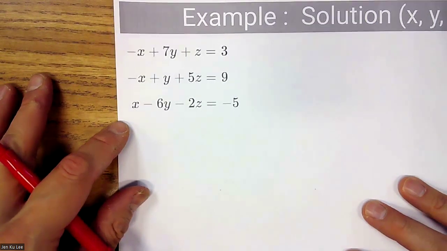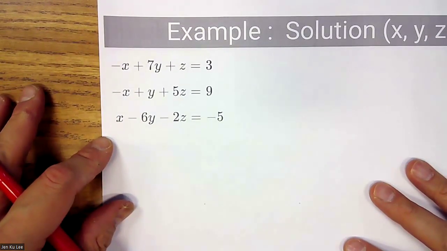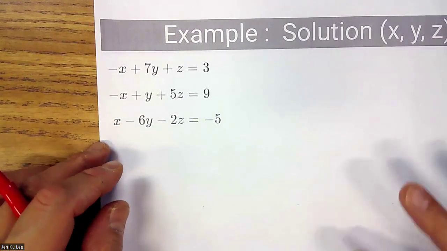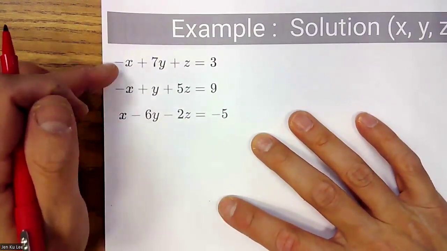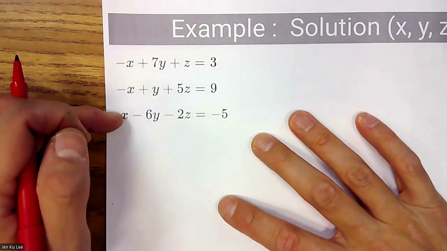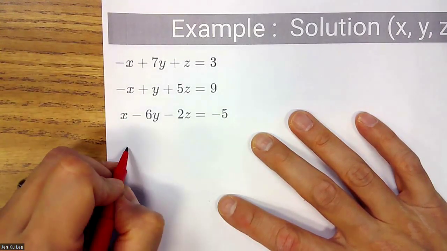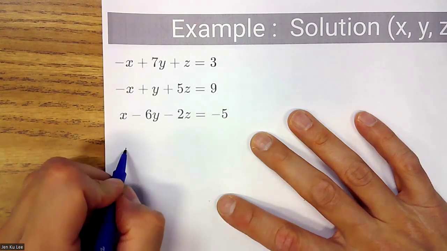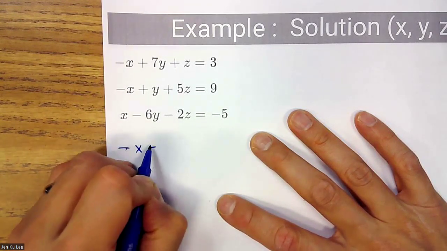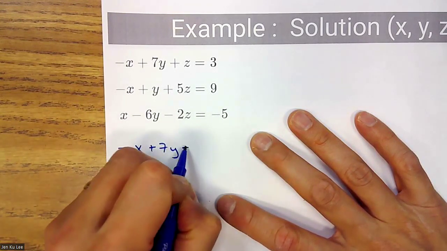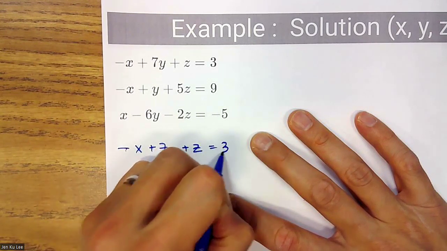You're going to be given something like this. You don't know that it's special yet, so we're going to go through the steps. Okay, I'm going to add the first row and the last row. So if I do that, I get negative x plus 7y plus z equals 3.